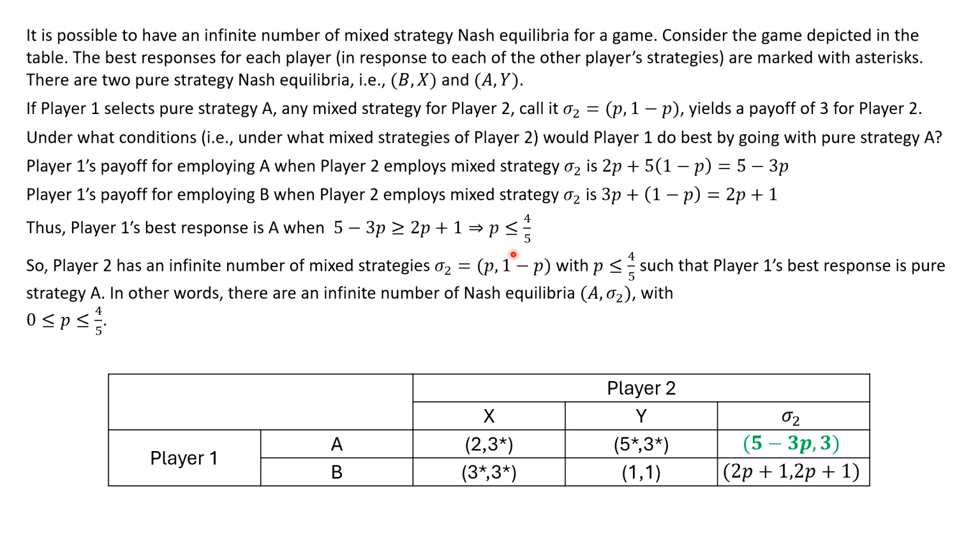And that happens whenever P is less than 4/5, and there's an infinite number of cases where P is less than 4/5 and greater than 0. And so this combination, A sigma sub 2, is a Nash equilibrium whenever P is between 0 and 4/5, and that happens an infinite number of times.